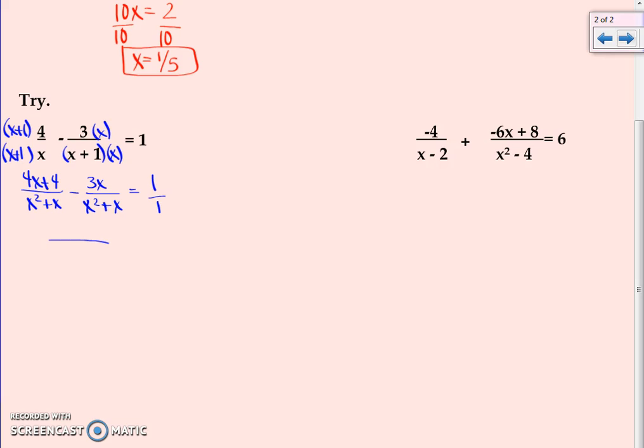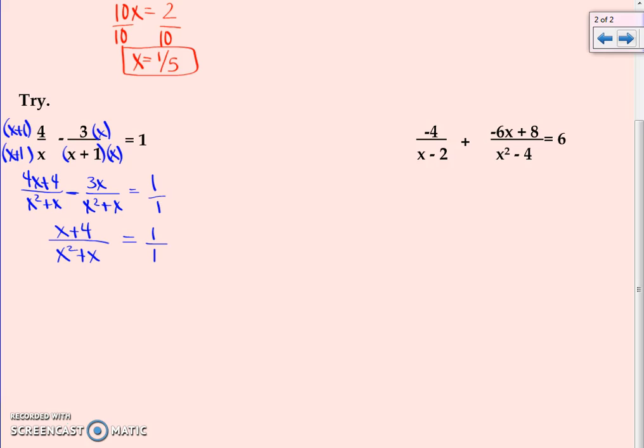What's going to be in the numerator? We're subtracting. So x plus 4 on the top. The bottom stays the same, x squared plus x equals 1 over 1.